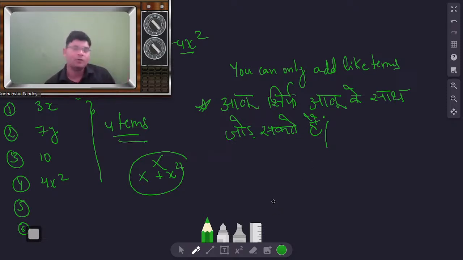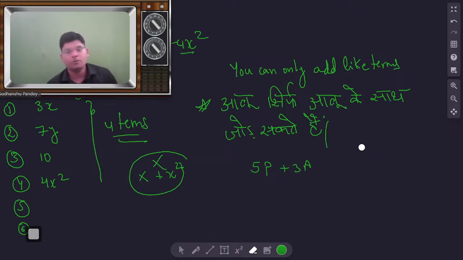You cannot add potato and apple together. If I ask you how much is 5 potatoes plus 3 apples, are you going to say that I am having 8 potato apple? No. 5 potato plus 3 apple is going to be 5 potato and 3 apple only. You cannot add them. Alright?